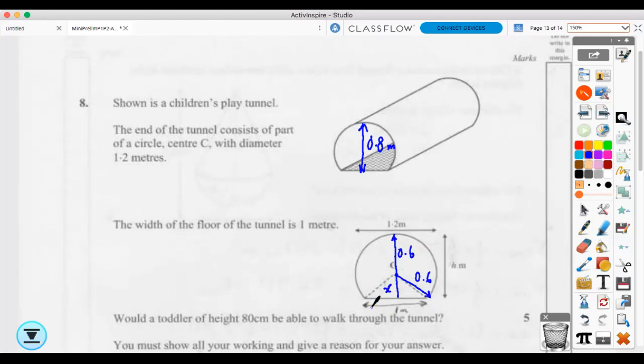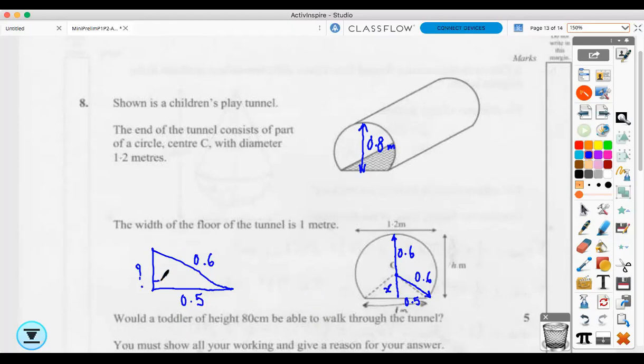And then you've got here the width. So half the width is 0.5. So I've got a right angle triangle: 0.6 for my hypotenuse and 0.5 for one of the sides. And I'm asking you to find out what the value of this is.